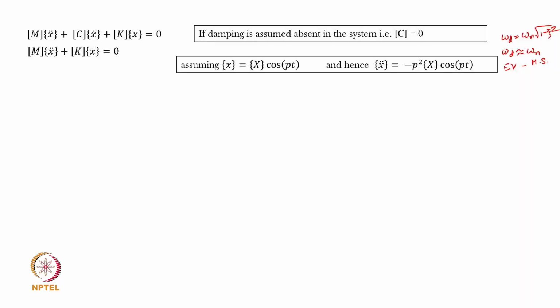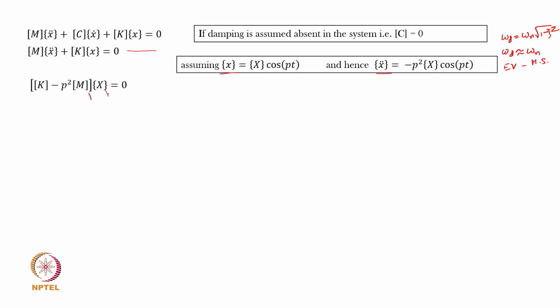That is what we have done in the 2 or 3 degree of freedom system as well. Now, if you substitute for x double dot and x into the governing equation, the matrix equation here, you can definitely show that the equation simplifies to this, and so either this matrix is 0 or this is 0.